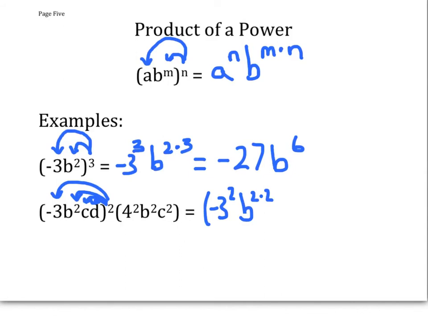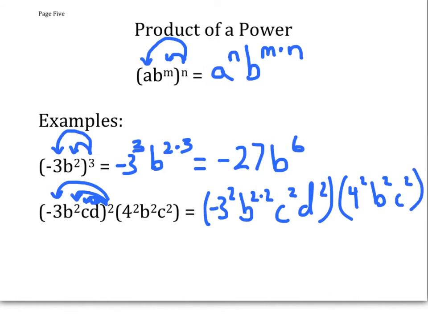This is a really long problem. c squared, d squared, and then we have 4 squared, b squared, c squared. So if we take negative 3 squared, that's going to give us 9.